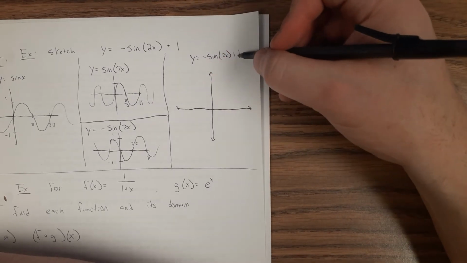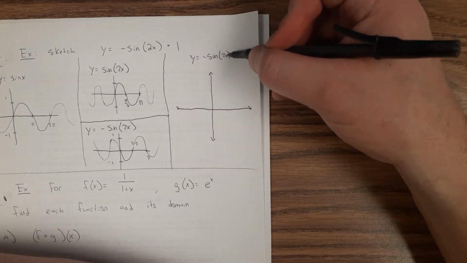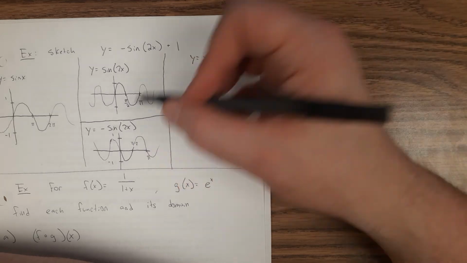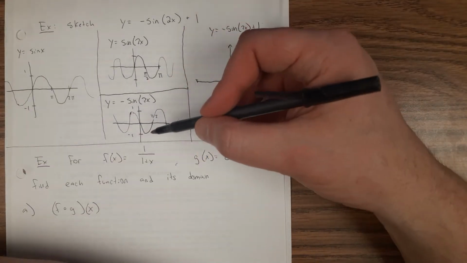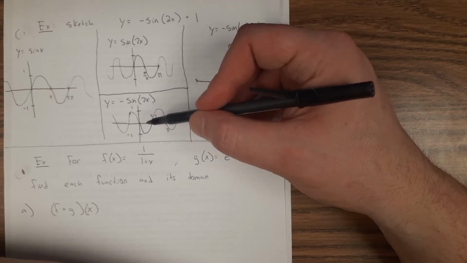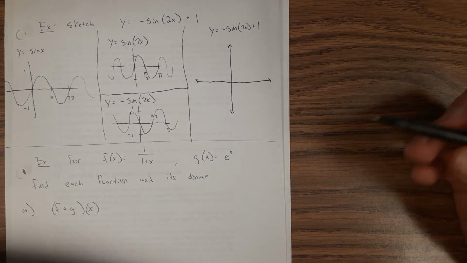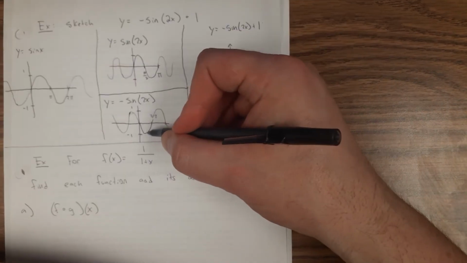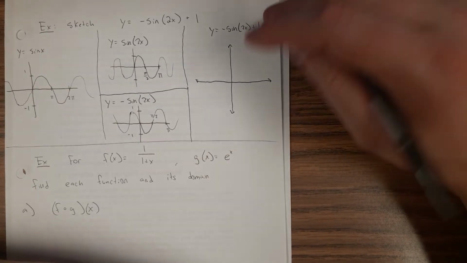Since this is a plus 1 outside of the parentheses, this is going to shift everything up by 1. The range of this function is from -1 to 1, so everything shifts up by 1. Now the very bottom is going to be at 0, and the very top is going to be at 2.